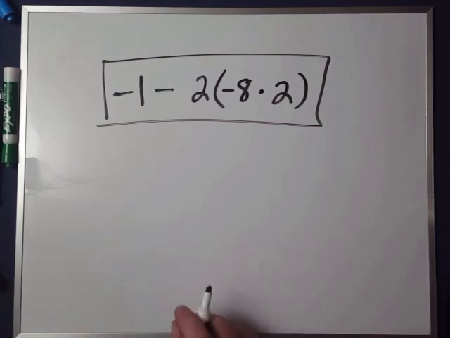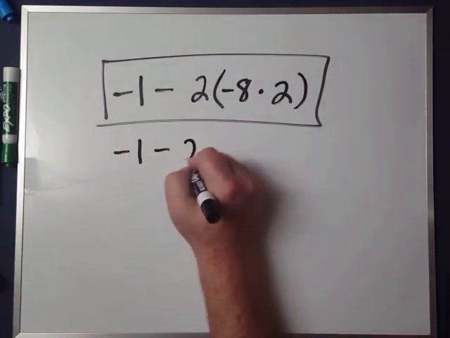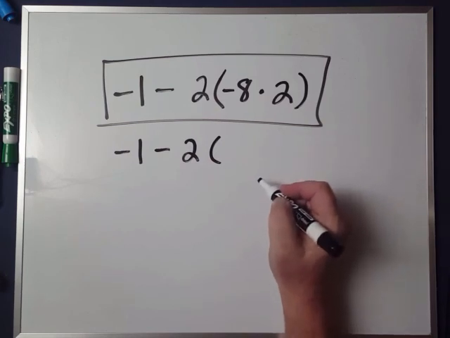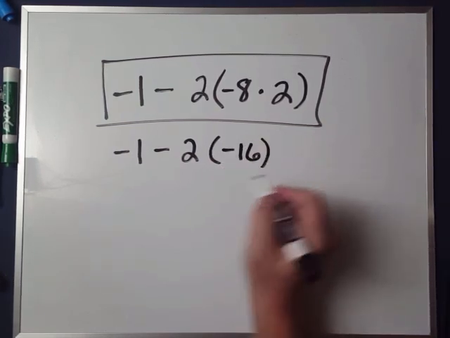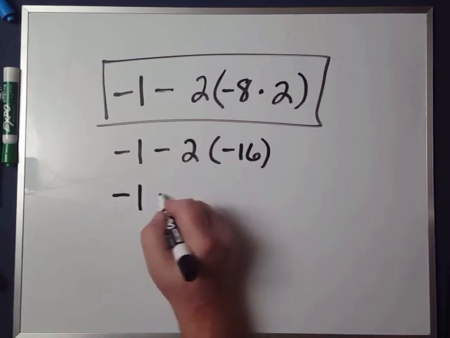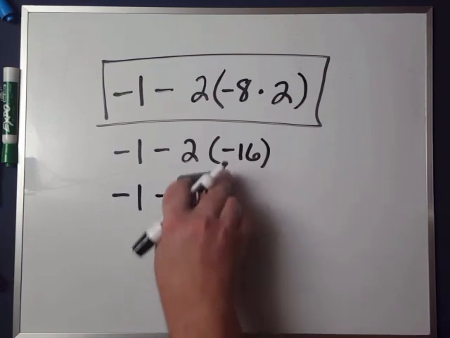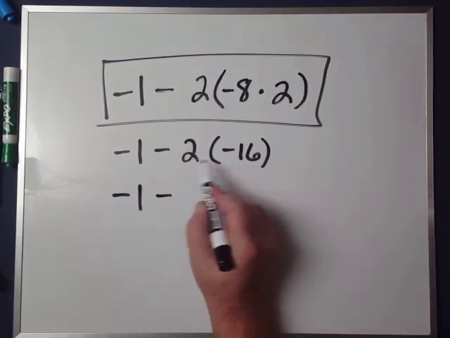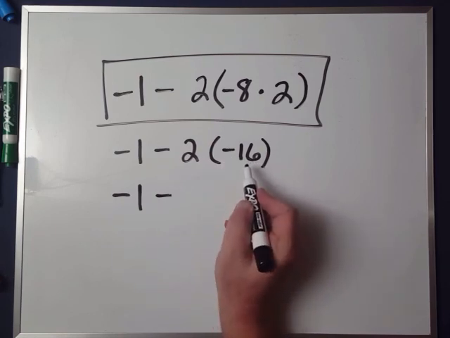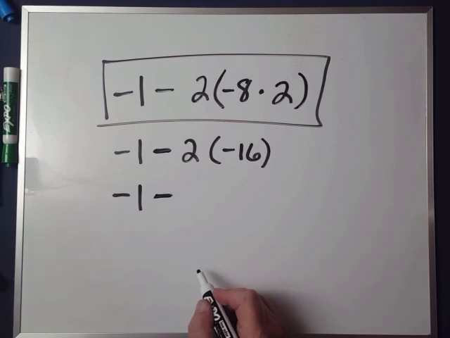They also asked us to simplify. So, working in the parentheses, negative 8 times positive 2 is negative 16. Got ahead of myself. We're now doing the multiplication here. 2 times negative 16. Notice I've already copied my subtraction sign down to the next line.